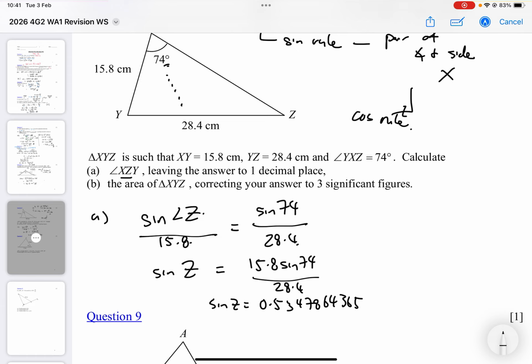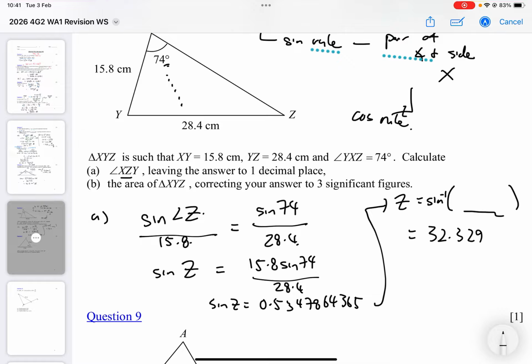To find back angle Z, from sine Z to Z, I need to use sine inverse, so I must sine inverse the right hand side also, whatever number you have here. Then the calculator will tell you 32.329, or 32.3 to one decimal place. That is sine rule.